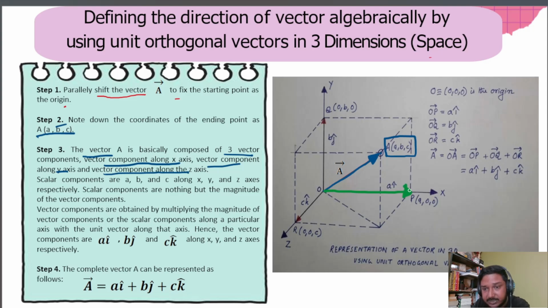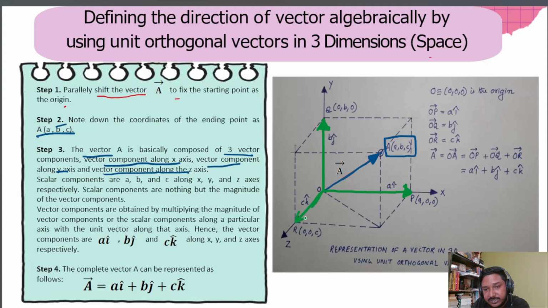Now what will be the vector component along y-axis? It will be this one. This line will be the vector component of this vector A along y-axis. And this one will be the vector component along z-axis.